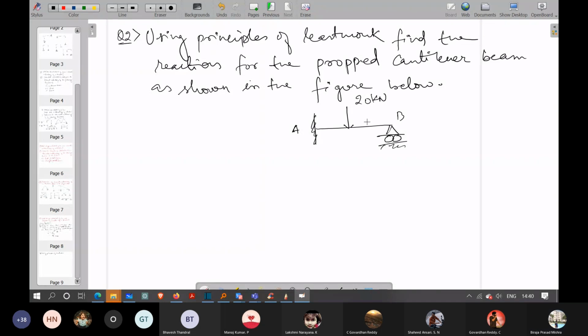And here we have a UDL of magnitude 20 kilonewton per meter, and the length of this one is 8 meters.